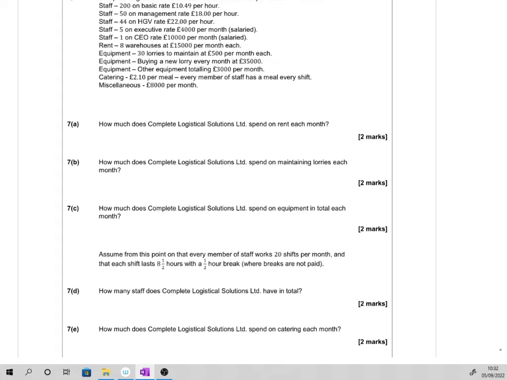There we are. There's rent. 8 times £15,000. 8 times 15 is £120,000.